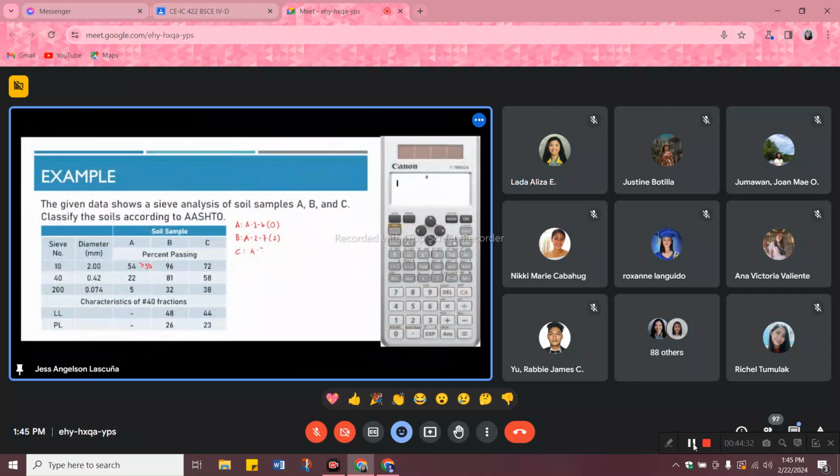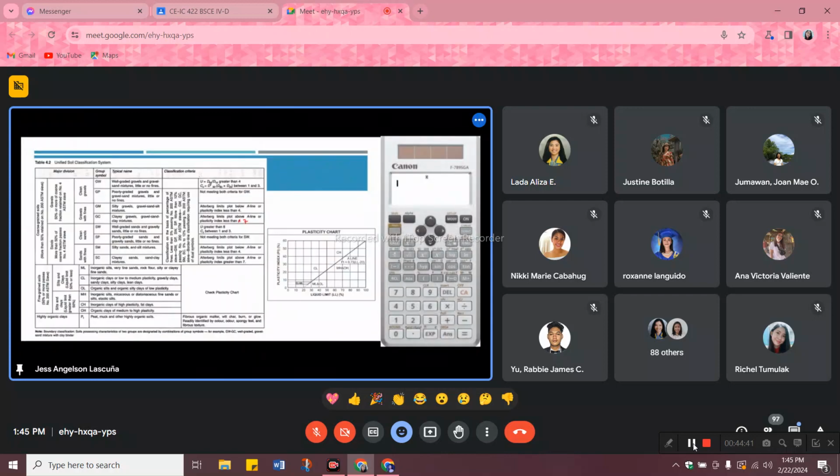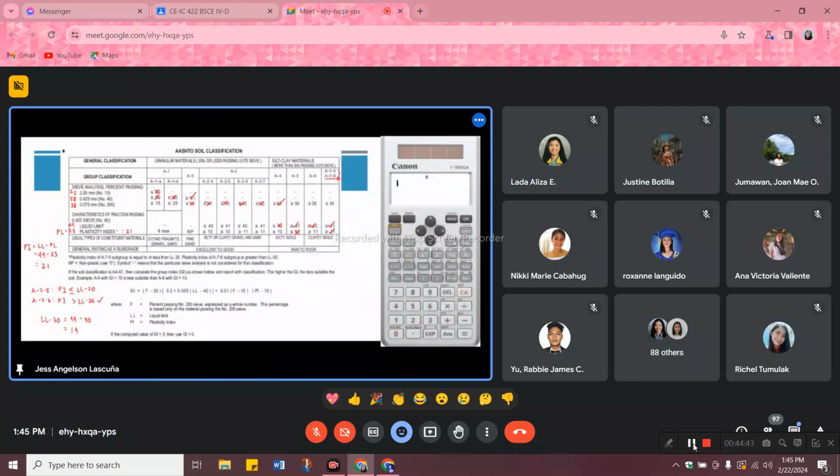Okay, A-7-6. But that is not yet the final answer. We need the GI. For the GI of soil C, we are in the full GI region, so we will use the full GI formula. F is 38.